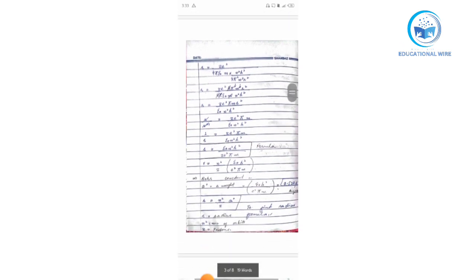In this one we will put the value of r squared, which is z square upon 4 pi epsilon naught m v square. So this value we will put over here. Let's move further. When we put in this value at v square, v square is removed and its value came over here.